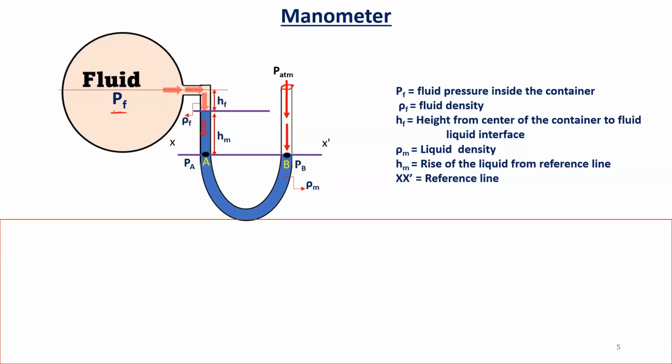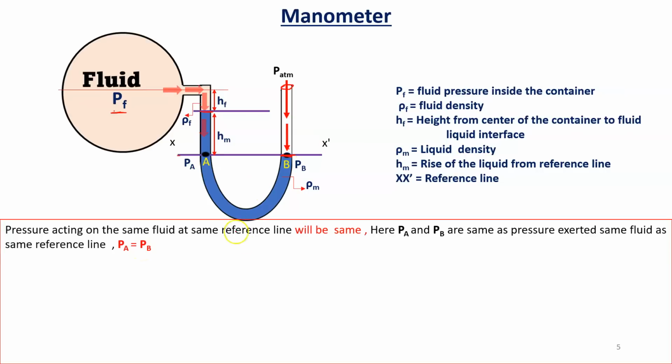So first we have to draw the horizontal line. Here, from that gas and liquid interface, I have to draw the horizontal line. Again there is also a horizontal line. So here we are taking that reference line, and in the same liquid we consider the pressure acting on the same fluid at the same reference line.